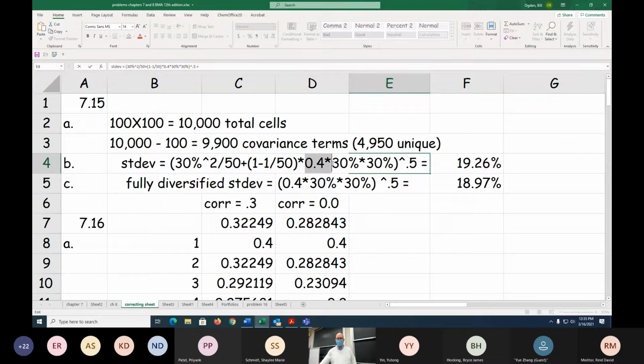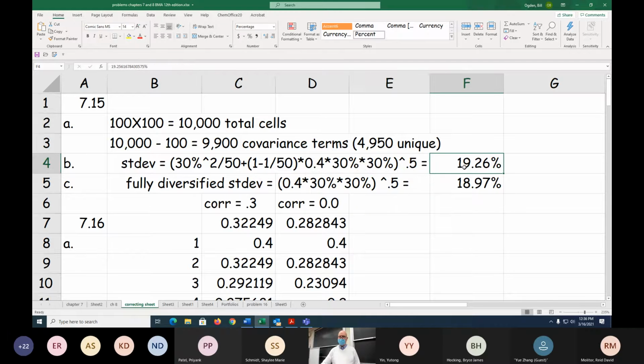So this is all you have left. If I take the square root of the average covariance, I get the minimum. I didn't have to remember that. Just go into the equation and see it.